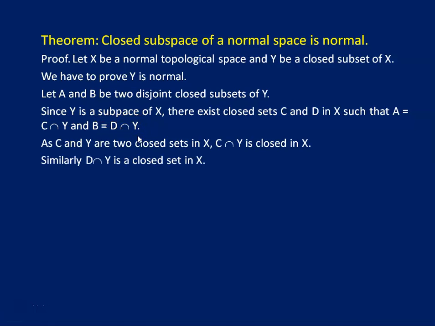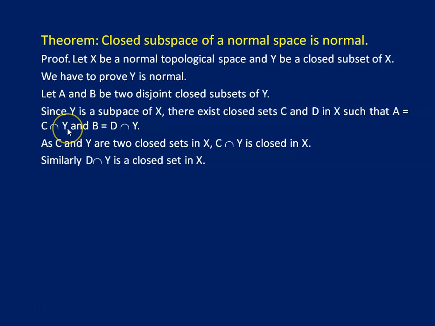So here we have C and Y are two closed sets in X, because we have taken that Y is a closed subset of X, and C is also closed in X. The intersection of two closed sets is closed in a topological space.